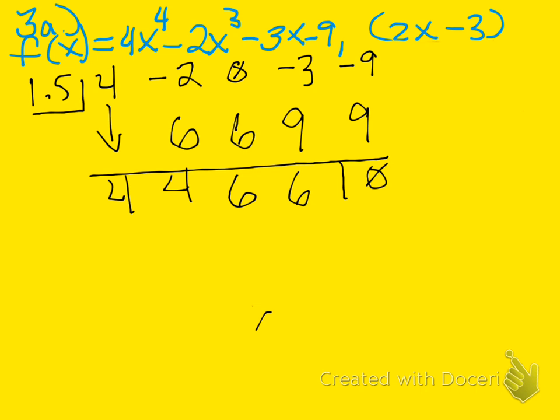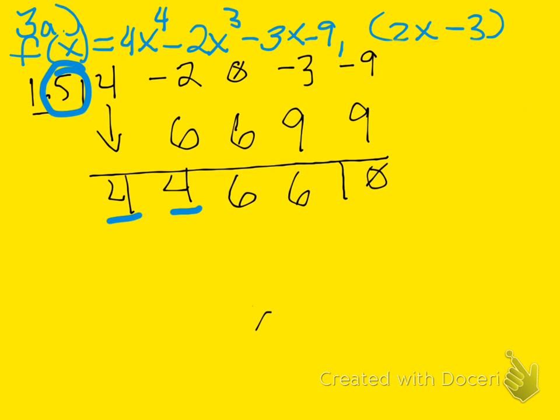Now, here's the thing. Because we use synthetic division, usually we don't have to deal with a 0.5, or a decimal, or dividing by 2. But because of this one right here, I'm going to have to multiply all of my terms by that decimal.